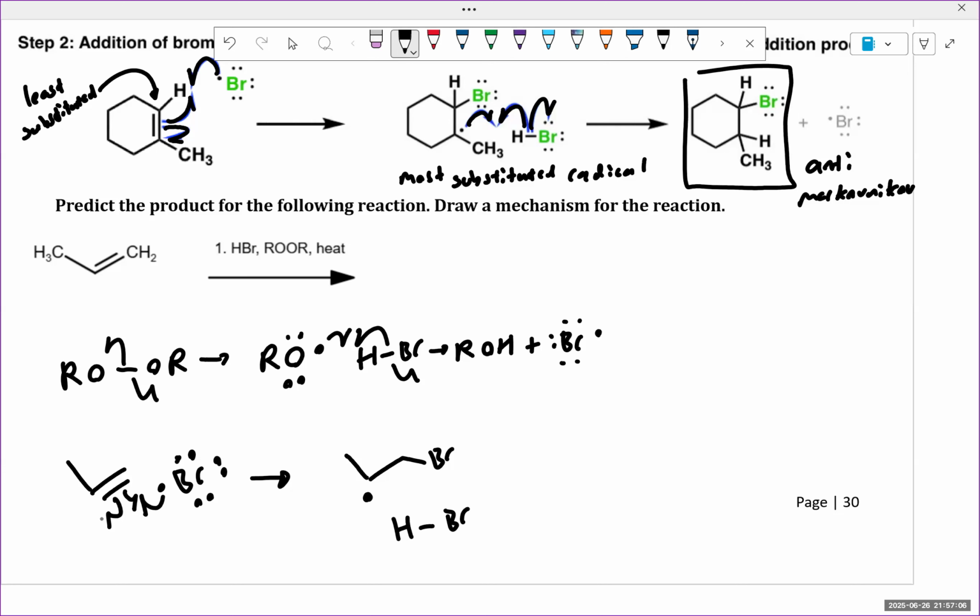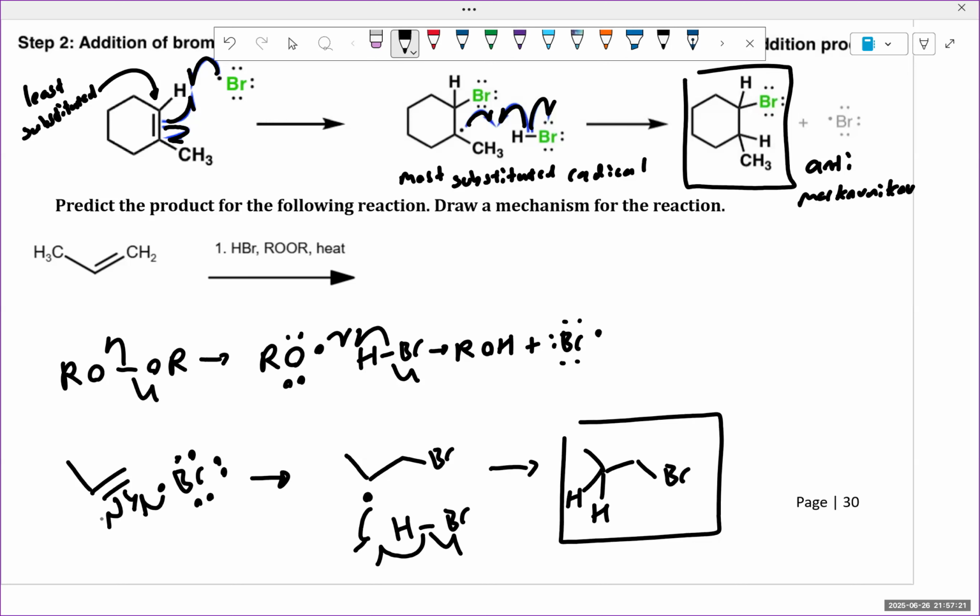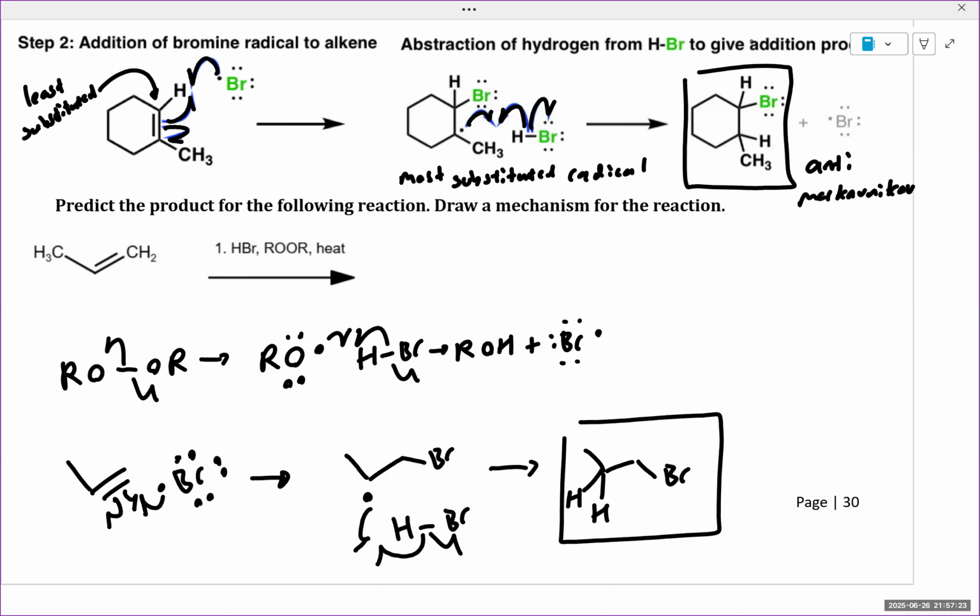From here, our product will abstract a hydrogen to continue on the radical chain, and this yields our hydrobromination product. As you can see, bromine was installed at the least substituted position, which is unique compared to acidic hydrobromination of alkenes.